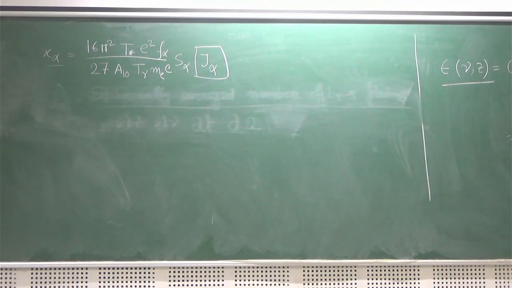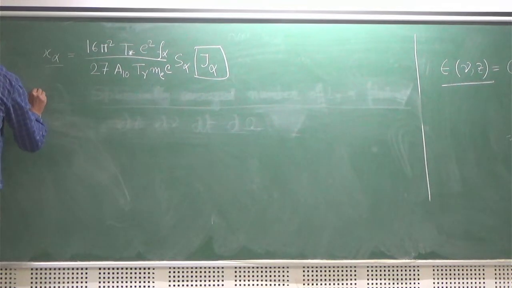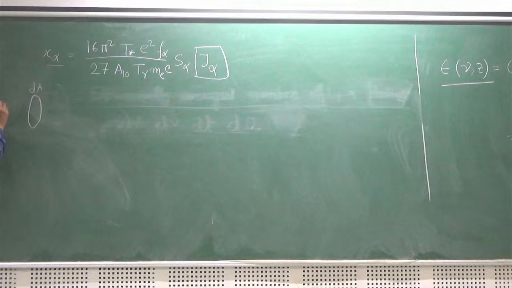Let's consider a surface of area dA, and we also consider a small solid angle through which a beam of photons is passing. This solid angle is d omega.